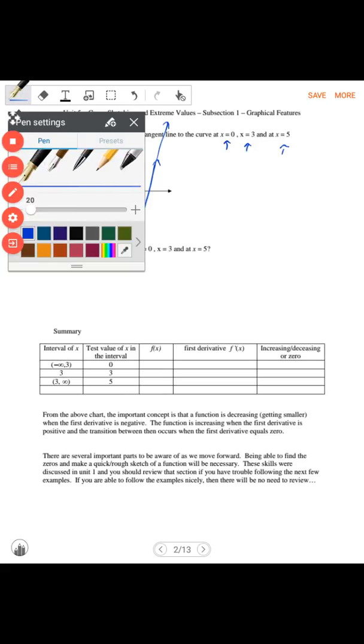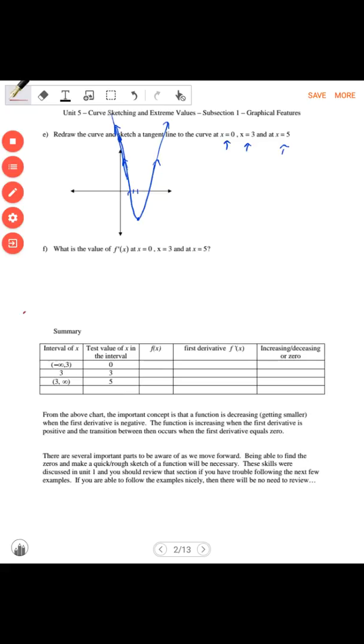Maybe I should draw that in red so you guys can see it better. Good enough. At x is 3, that's the minimum, so the tangent line here is horizontal with slope 0. And at x is 5, that's that point, so it's kind of there-ish.